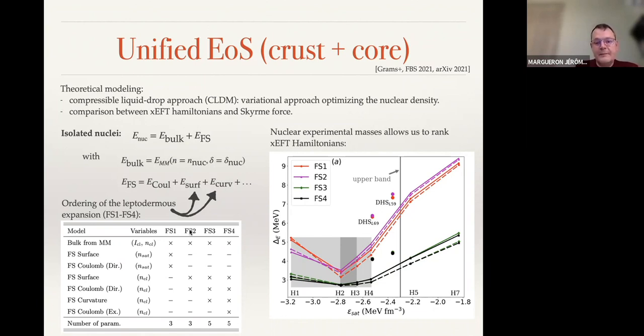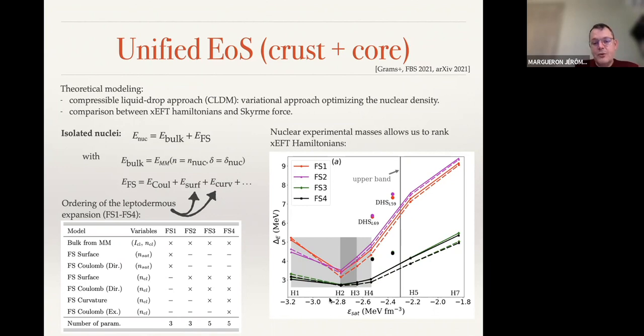Another thing is that for the Chiral-EFT-based models, we can also confront them to the nuclear experimental masses, and we have used this in order to rank the Chiral-EFT Hamiltonians, as you can see here. So you have the loss function delta E, the accuracy with which the Chiral-EFT could reproduce the entire mass table for the different Hamiltonians that you can see on the axis.